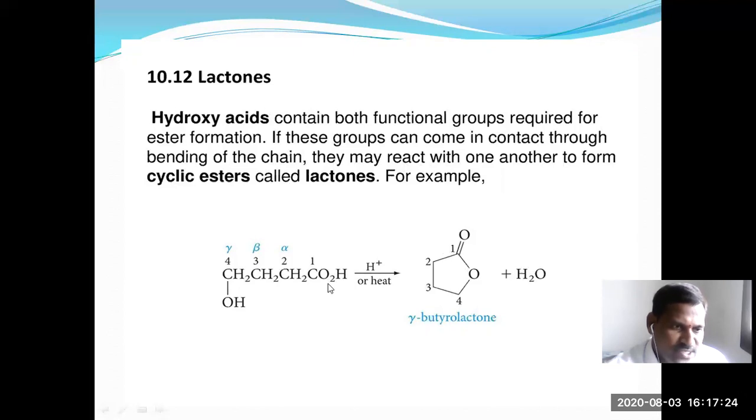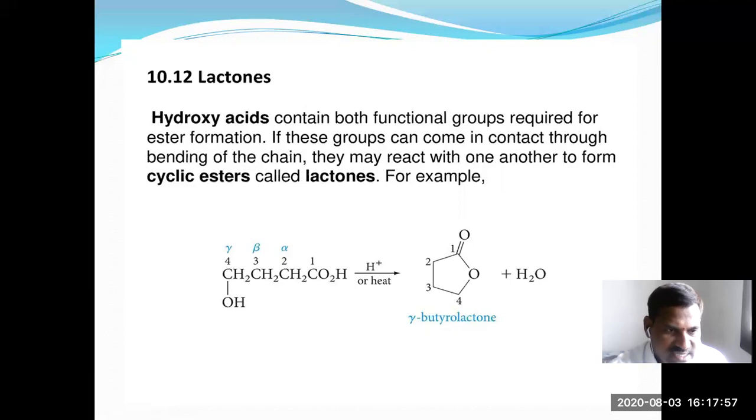That's why the reaction proceeds through the carboxylic group and hydroxy group. Since the same compound has two functional groups, it undergoes the esterification reaction to give the cyclic ester.